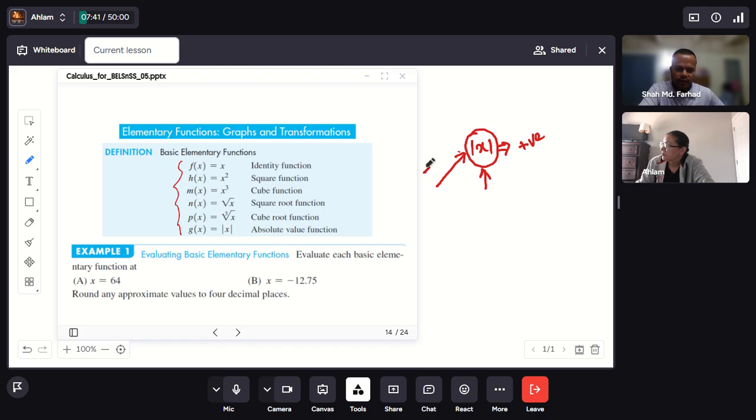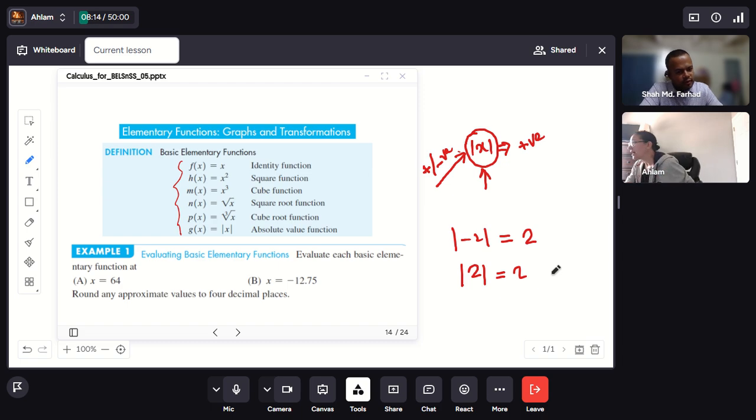If you put negative 2 here, the result will be positive 2. Even if you put 2 here, the result will be 2. That is absolute value.